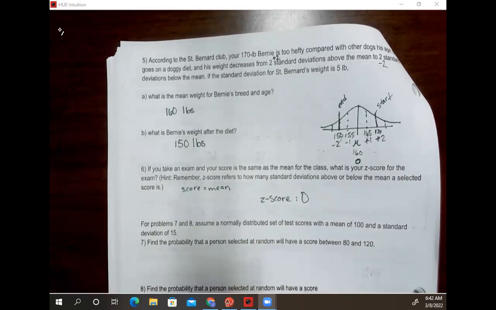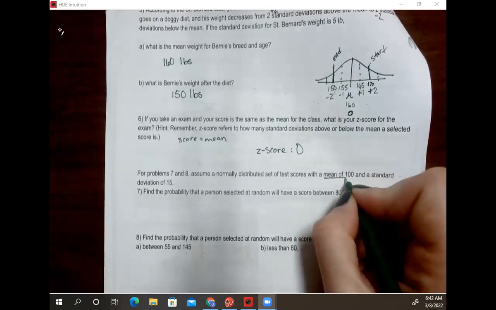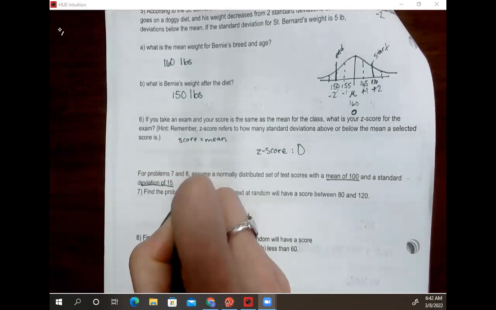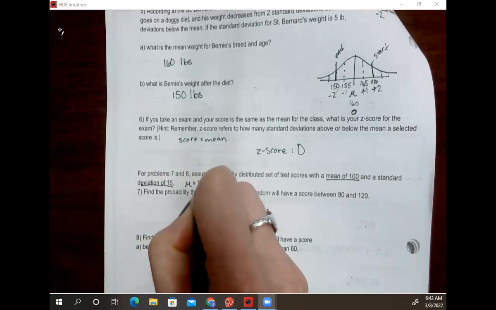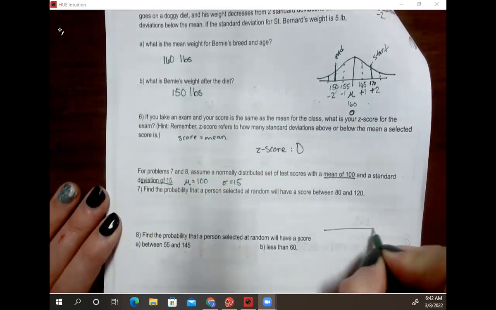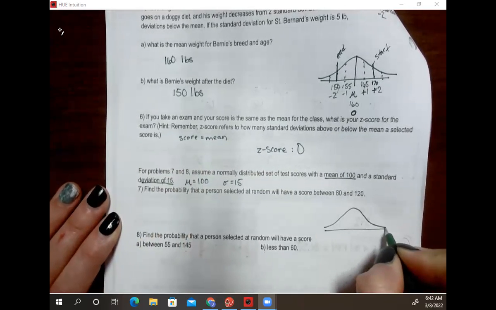For problems 7 and 8, we're going to use a normally distributed set of test scores with a mean of 100 and a standard deviation of 15. So for the next couple, mean of 100, standard deviation of 15. Find the probability that a person selected at random will have a score between 80 and 120. Now, if I wanted to, I could set up a little curve here.